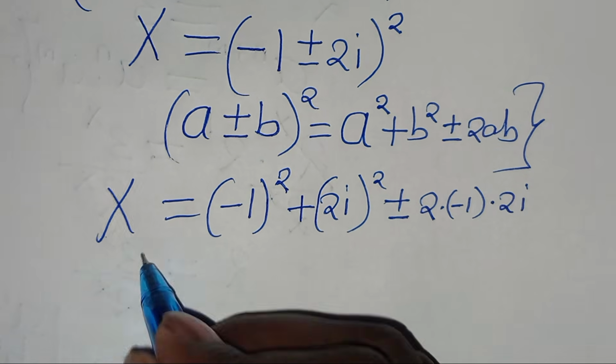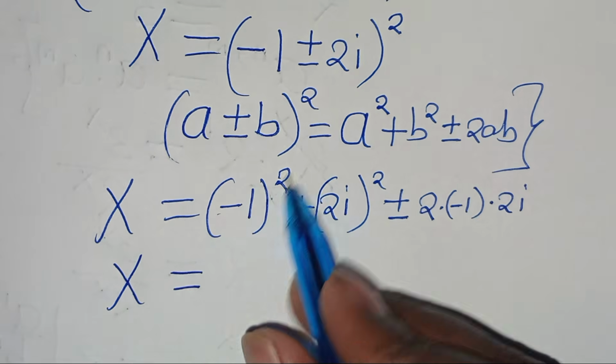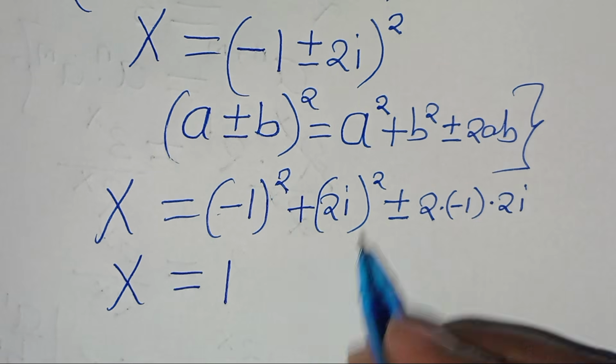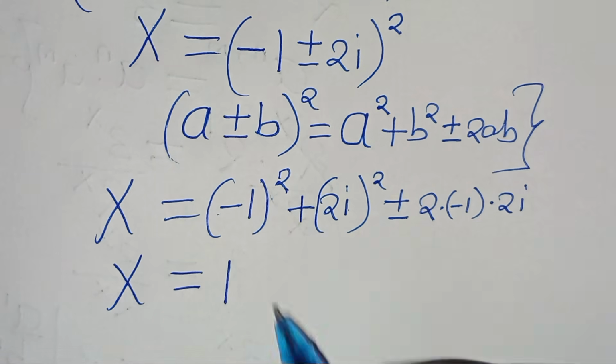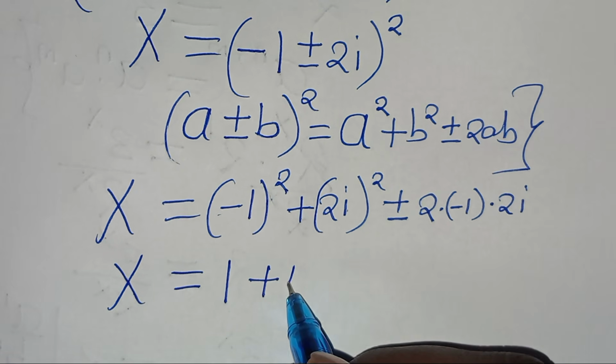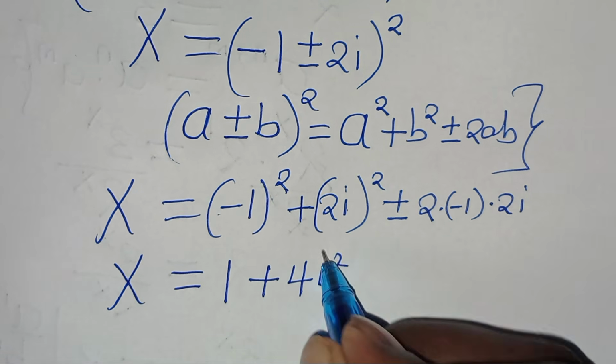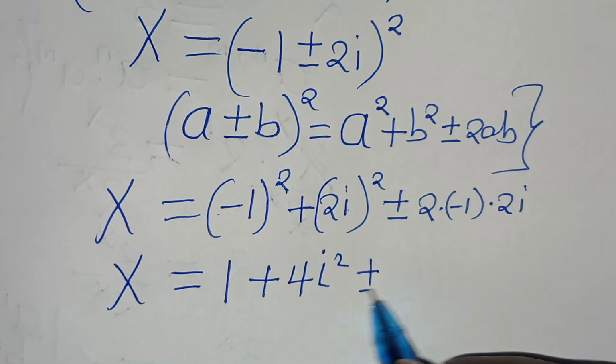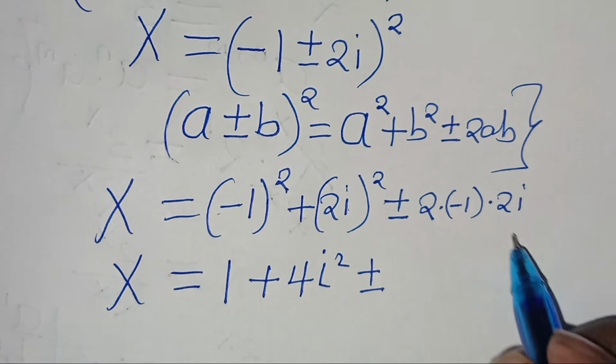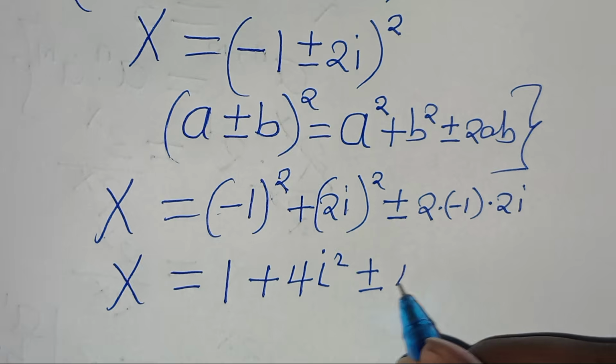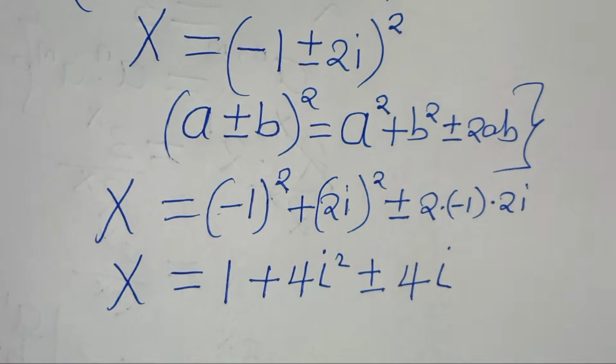So this implies that x is equal to negative 1 squared, and this is 1. Then here we have 2i squared, so this means we have plus 4i squared, then plus or minus, we have 2 times 2i, so this is 4i.